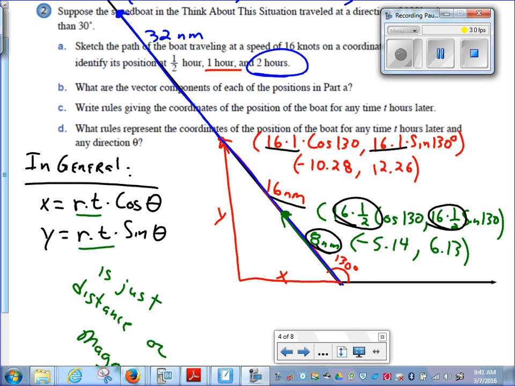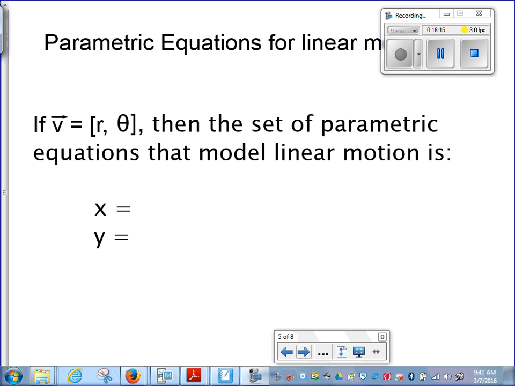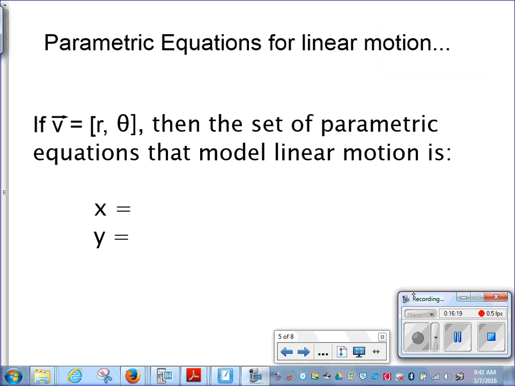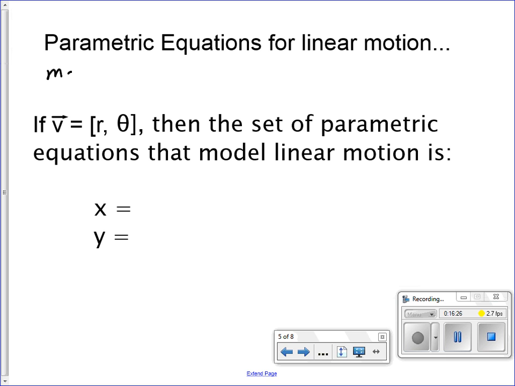So here's what we are working on. We just created two parametric equations. Parametric equations for linear motion model walking, aircraft flying, if you want to put that in there. I know my language use isn't consistent.